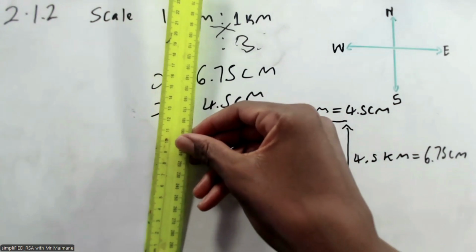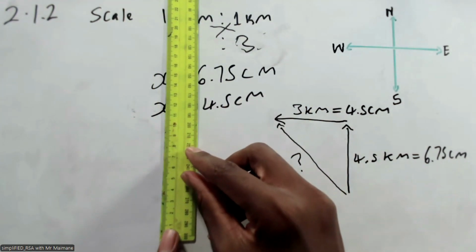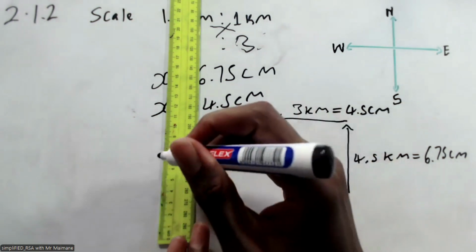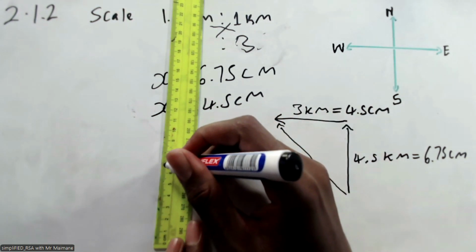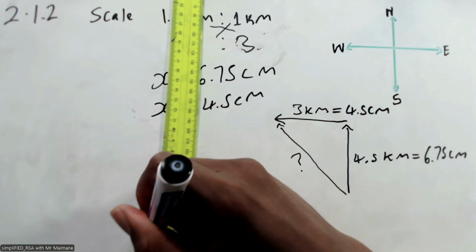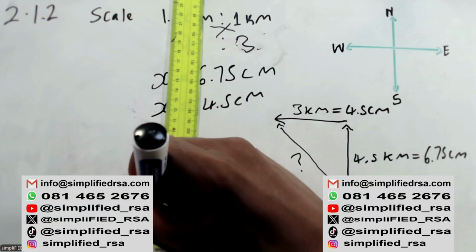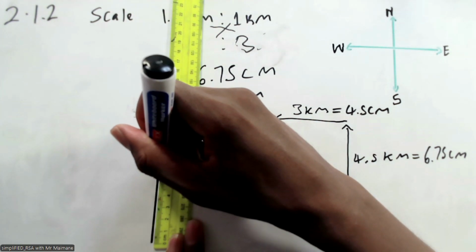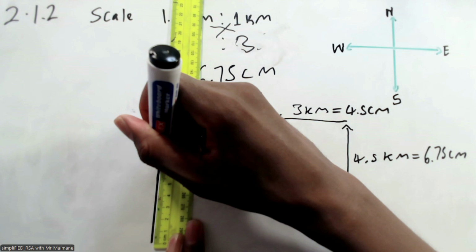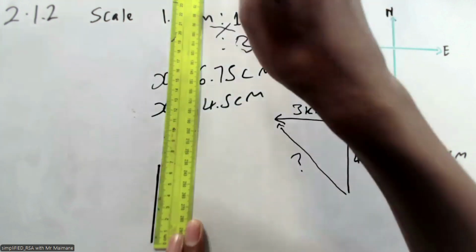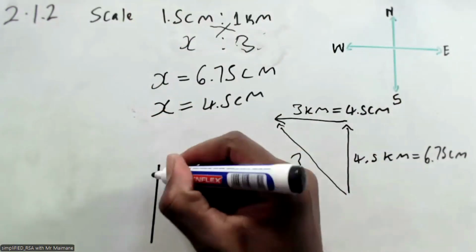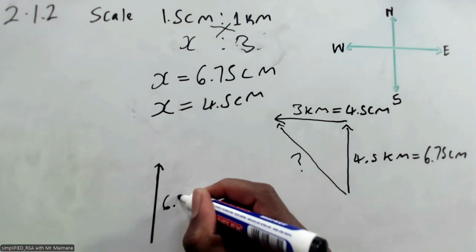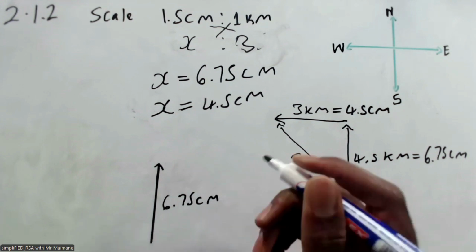To scale, I'm going to first construct 6.75 going north. Ideally, this is my 6.75, 6.75 centimeters.